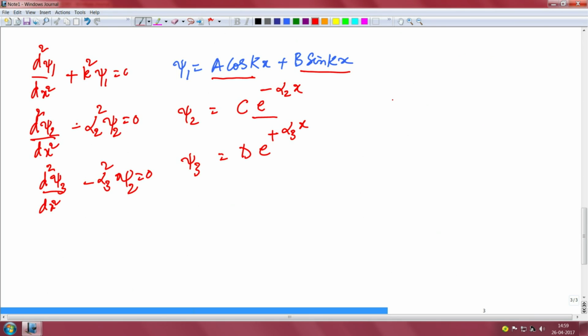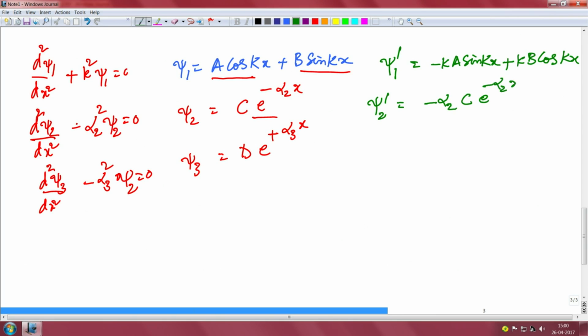I will use some other color. Psi 1 dash to be minus K A sin K x plus K B cos K x is the derivative, and derivative of psi 2 is minus alpha 2 C e power minus alpha 2 x.